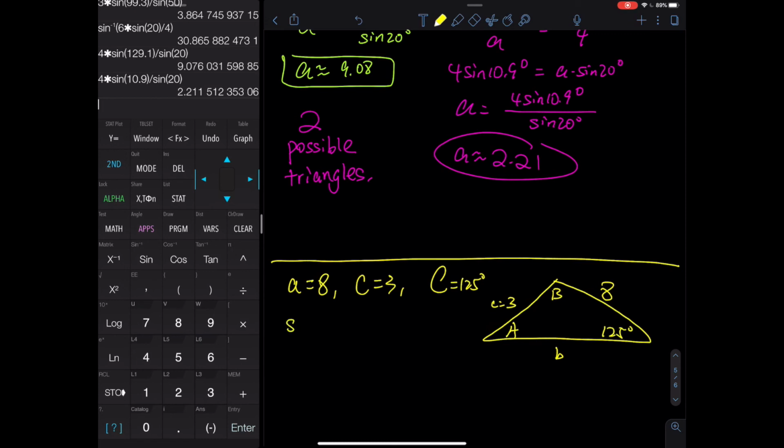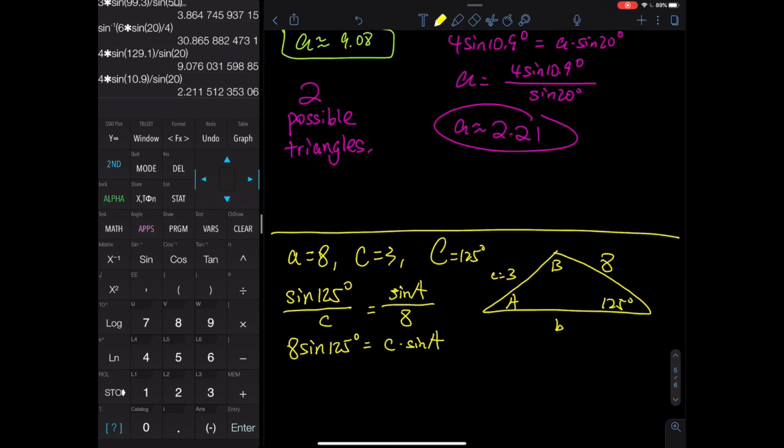So we have sine of C divided by little c equals sine A divided by 8. And then we cross multiply. 8 times sine of 125 degrees equals c times sine of A. Oh, actually c equals 3.